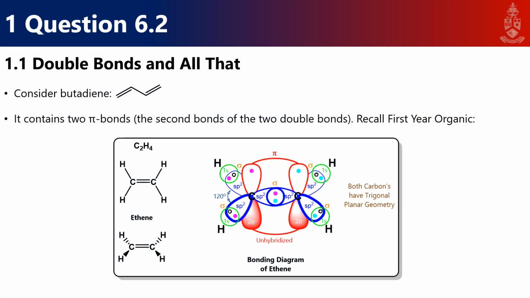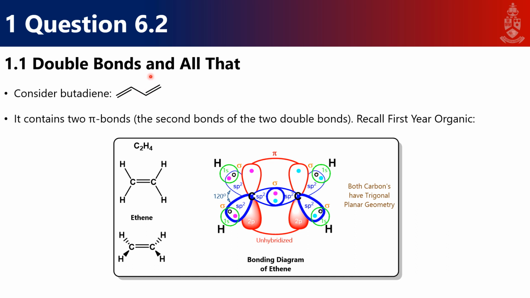So let's consider the case of butadiene. Butadiene has 4 carbons. It contains 2 double bonds. And if you remember from your second year organic, double bonds contain pi bonds. And pi bonds, of course, are the second bond of a double bond. So if you look at ethene, for example, your sp2 orbitals bond in a sigma fashion, and then your p orbitals can overlap sideways to form pi bonds.